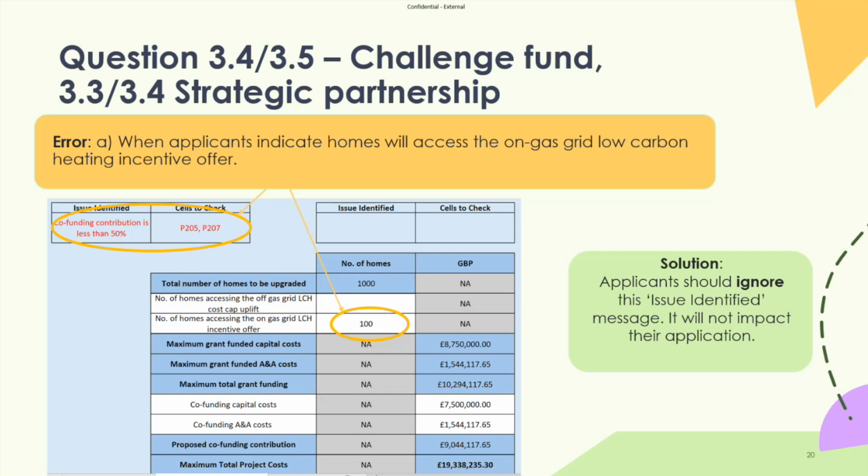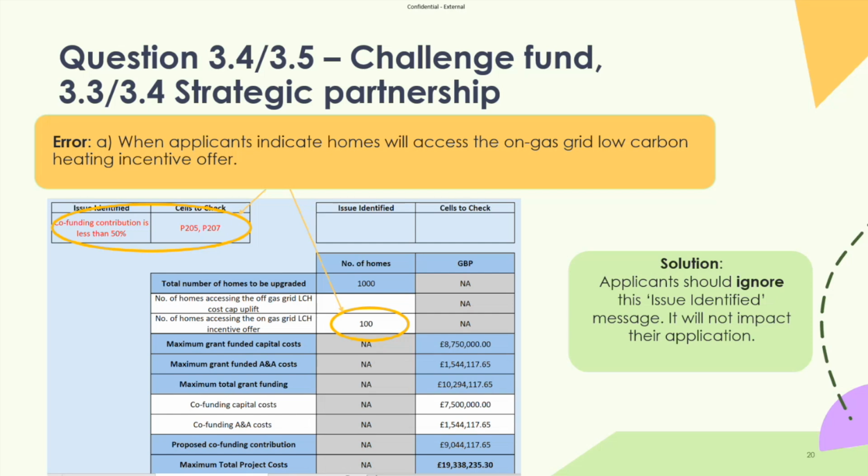So, as you can see here on this table, we've put 100 homes in for the on-gas grid low carbon heating incentive. That has caused the error to come up in the issues identified box. In this situation, you should ignore the issue identified message. It will not impact your application.